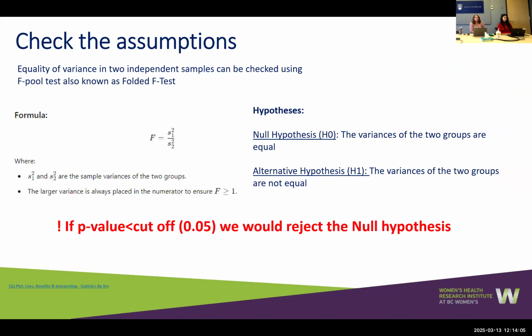Equality of variance in two independent samples can be checked using the F-test, also known as the folded F-test. I don't know about R, but if you run a t-test analysis in SAS, the output will show you the statistical test for the folded F-test.